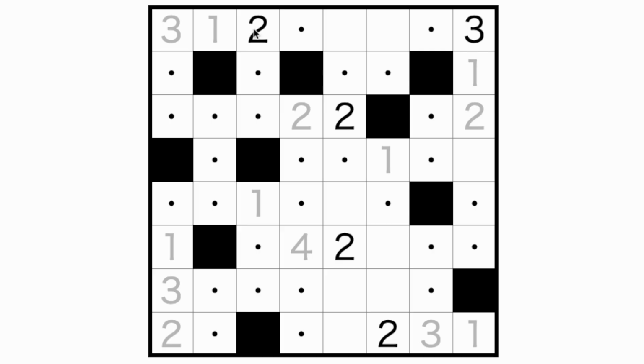Also, I'm still on the lookout for that. This 2 can't go south or west. It goes east. And this 2 is satisfied with that clue, so it doesn't go west, east, or south. That one's done. This 2 can't go west or north or east, so it goes south.